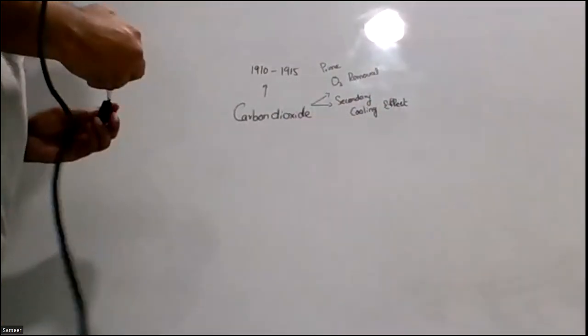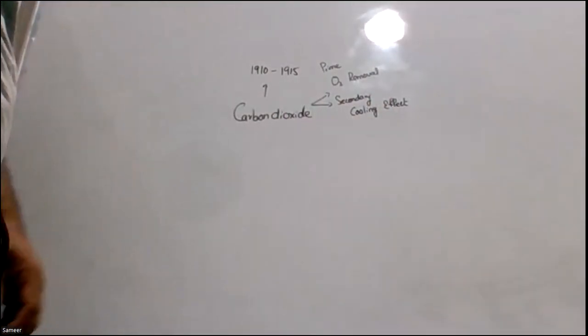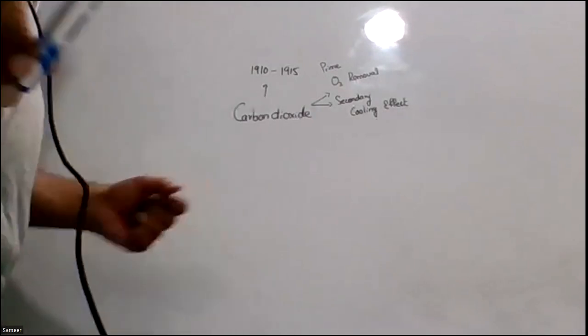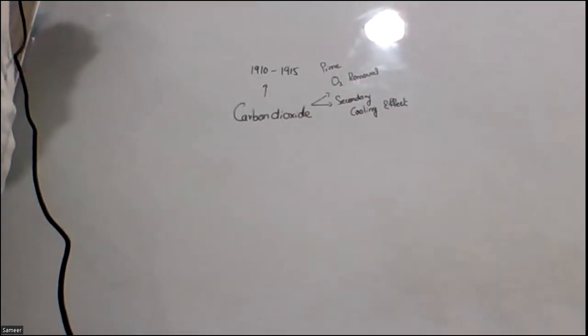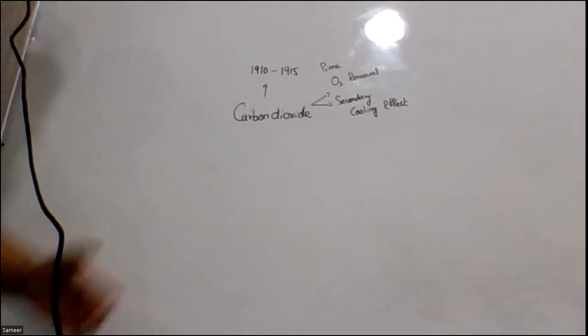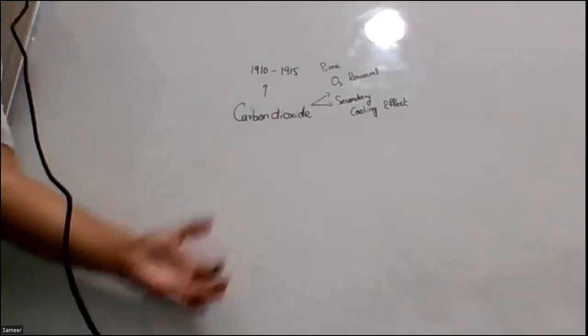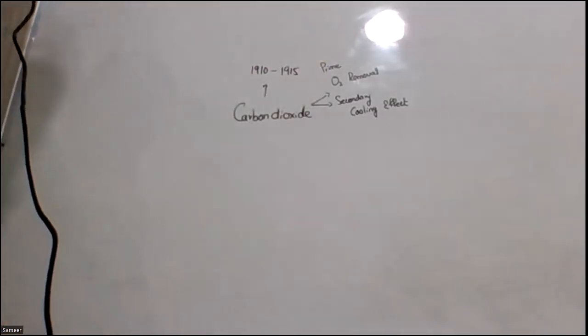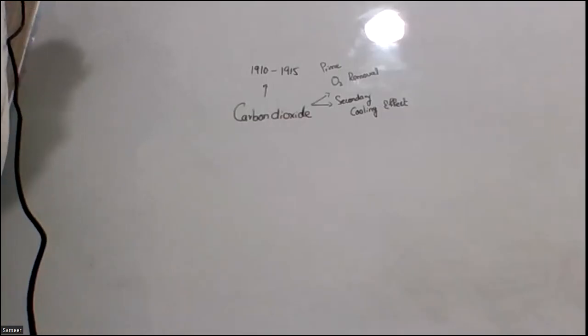When I say cooling effect, it means carbon dioxide is a cold gas and it tends to absorb heat. That is the secondary purpose; the prime, major purpose why we use carbon dioxide is removal of oxygen. It removes oxygen from the fire and extinguishes the fire.